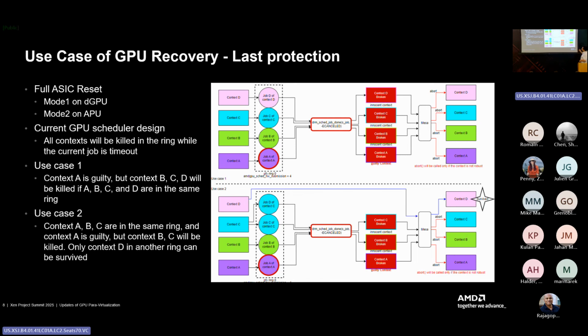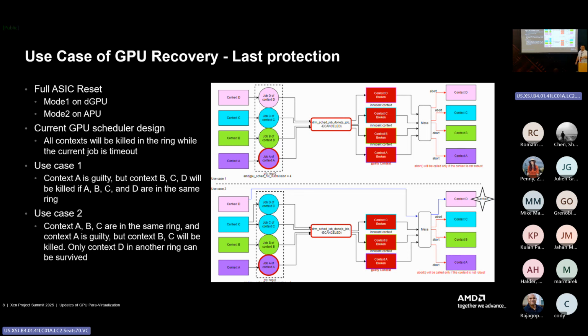Once we have a broken issue, like this is a guilty context, maybe this context may trigger the GPU hang, we will identify it as a guilty context, and once one context in the group is guilty, then Mesa will kill all of them in the same ring.